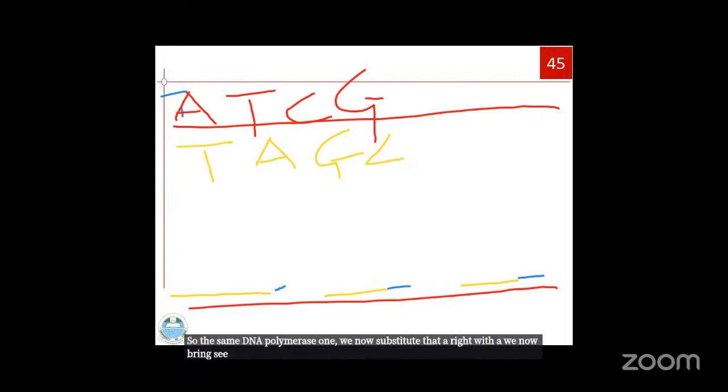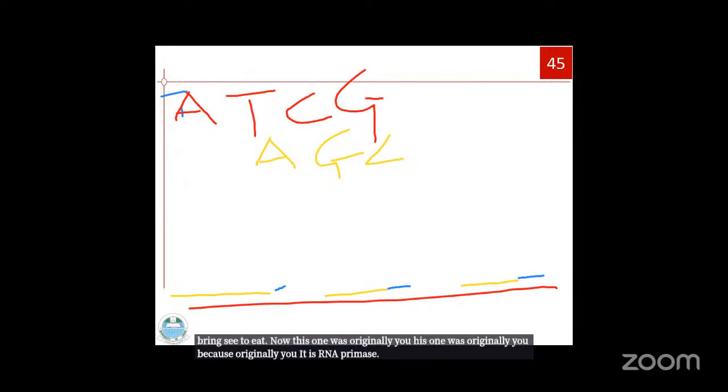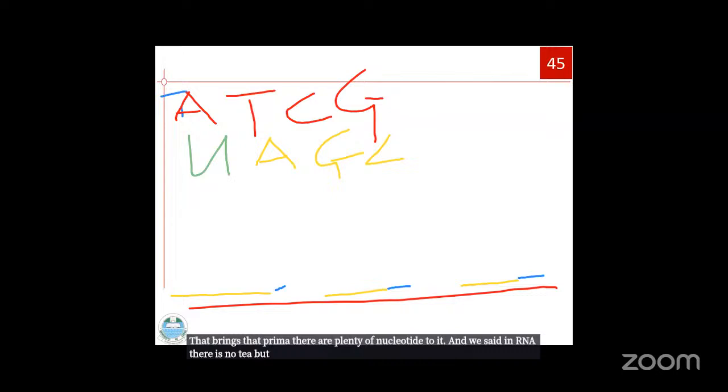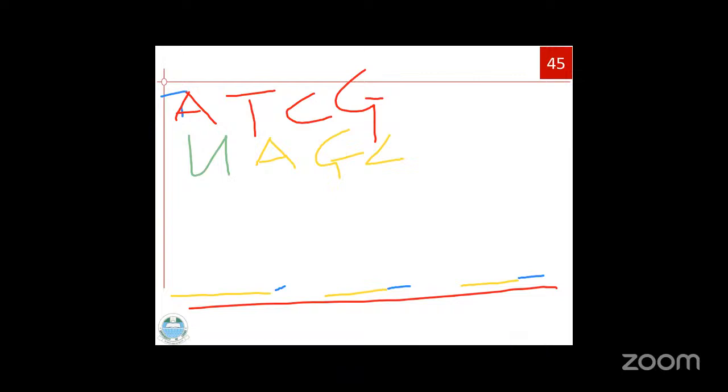You know, this one was originally U, because it is RNA primase that brings that primer, that brings the nucleotide to it. And we said in RNA, there is no T, but a U. But after the whole process, DNA polymerase 1, now not DNA polymerase 3, another enzyme.